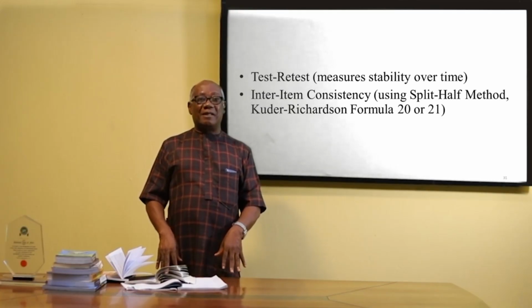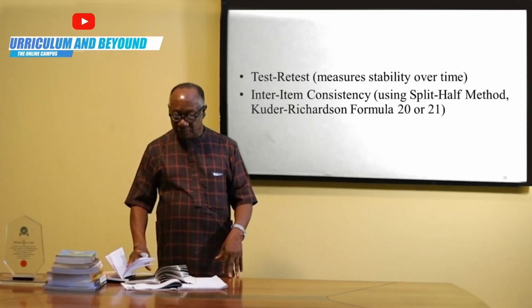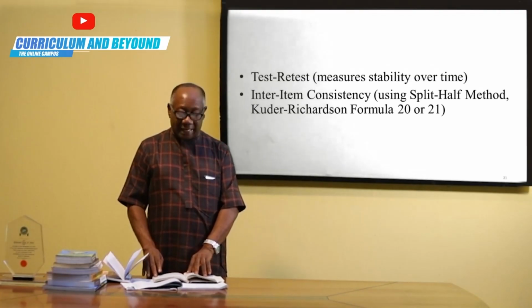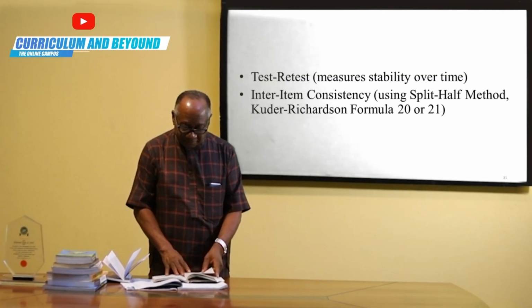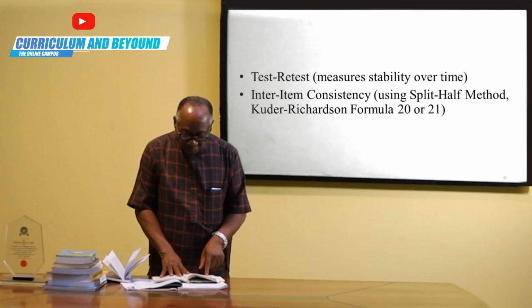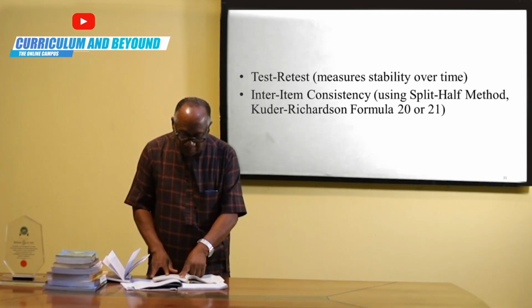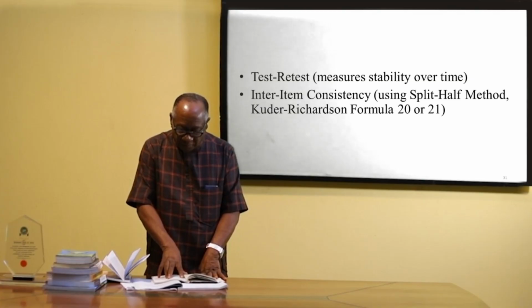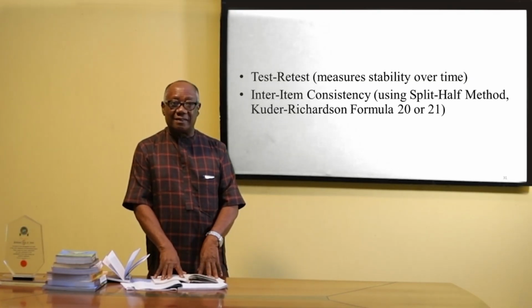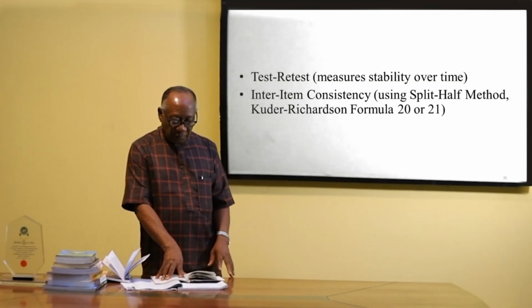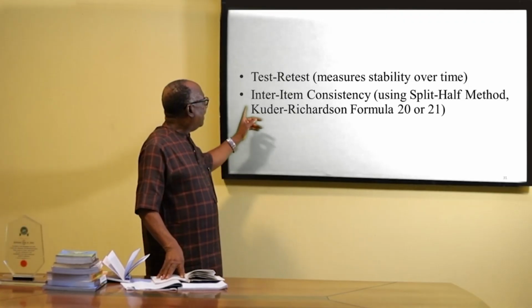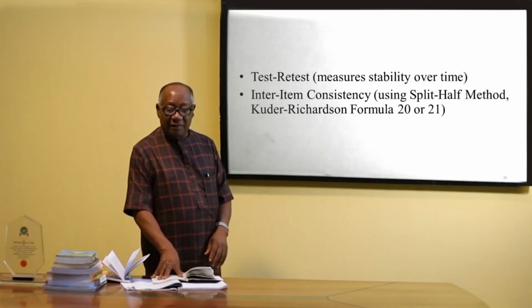Now, there are different methods of establishing this inter-item consistency. We use the following: use of alternative forms of the same test, then the split-half method, and then the Kuder-Richardson method.